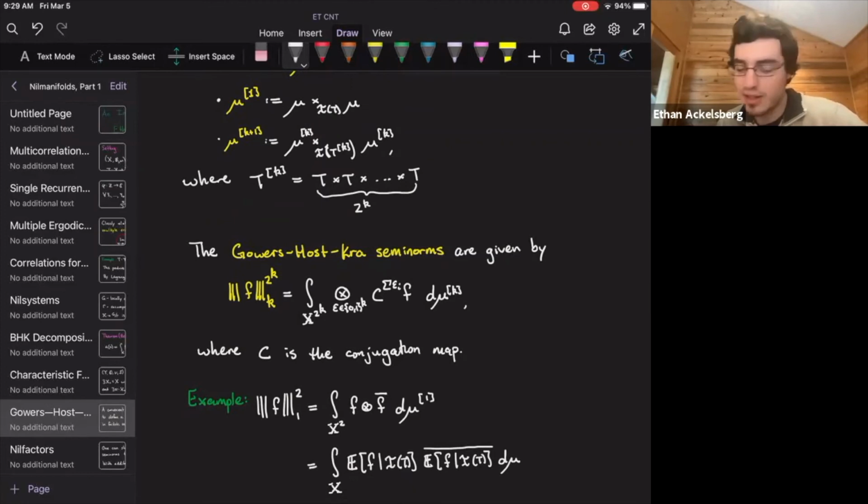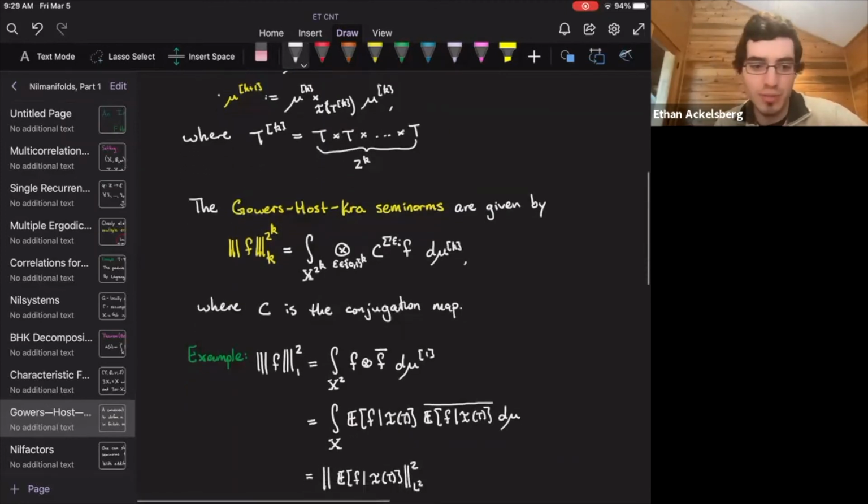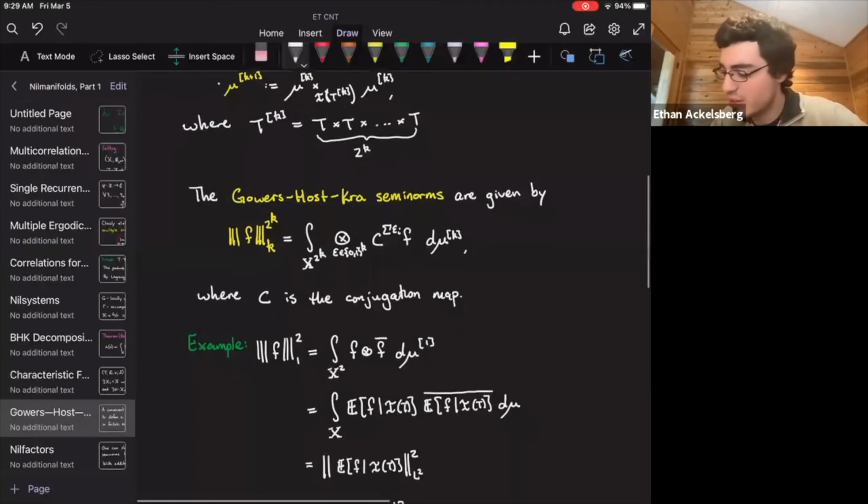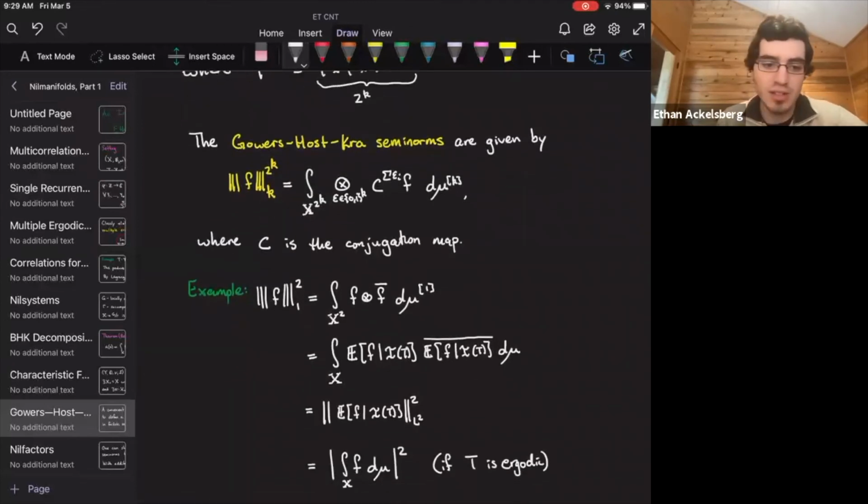And now we just have a function and its conjugate. So this is the L2 norm of the conditional expectation. We want to deal with ergodic systems, and so this is just going to give us the integral of f squared. So we'll have one seminorm equal to 0 whenever f is in the ergodic component of the L2 space. And it will be non-zero if it's in the invariant piece.